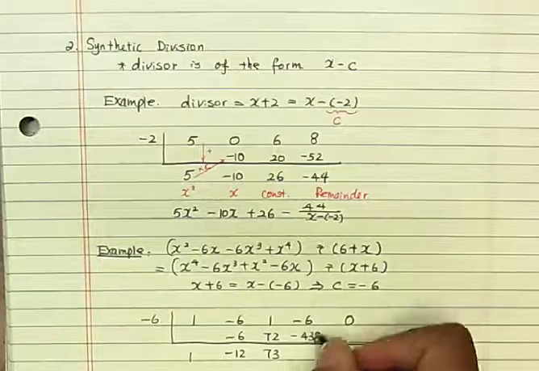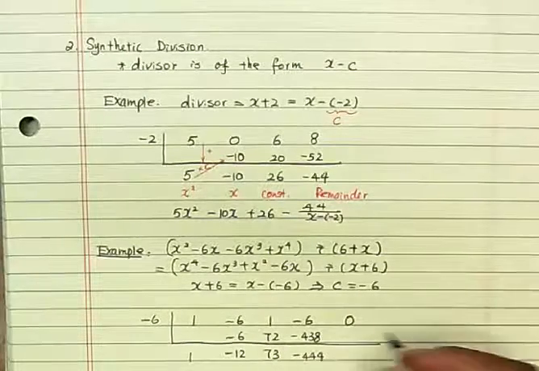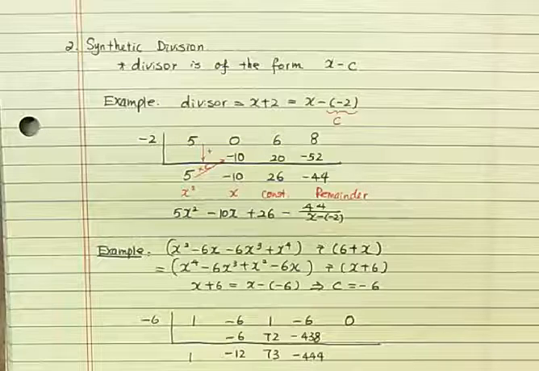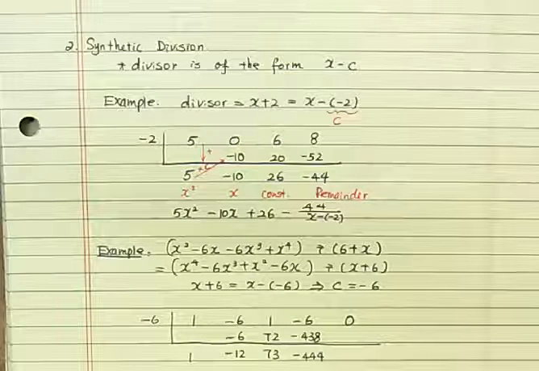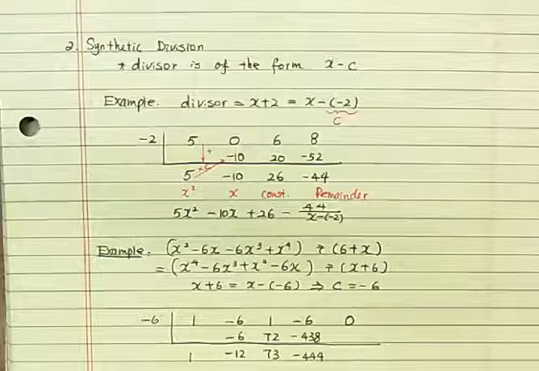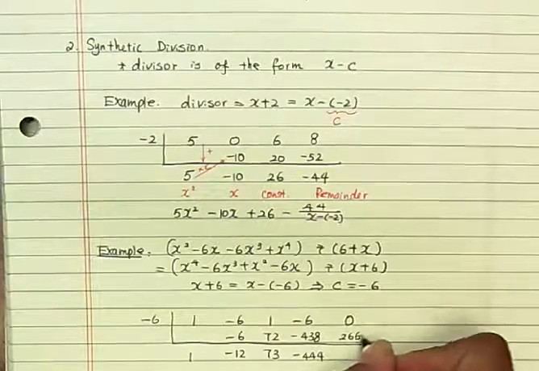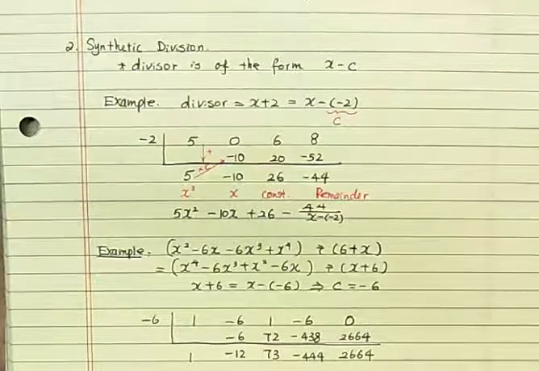Add them together, so negative 444. Negative 444 times negative 6 is positive, that will give us 2,664. So add them: 2,664.